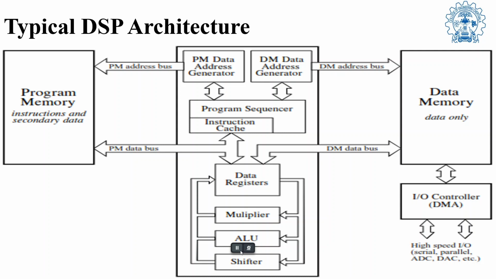Duplicate registers can be switched with their counterparts in a single clock cycle. So it has the feature of fast context switching and the ability to handle interrupts quickly.